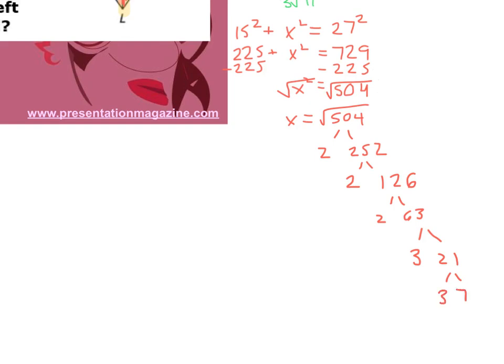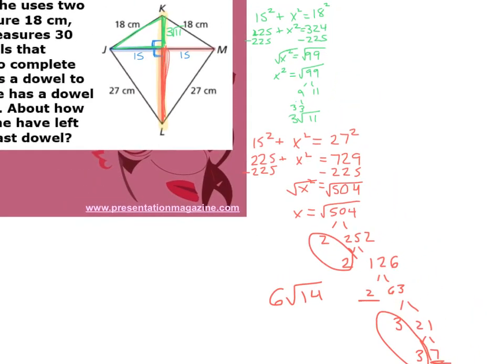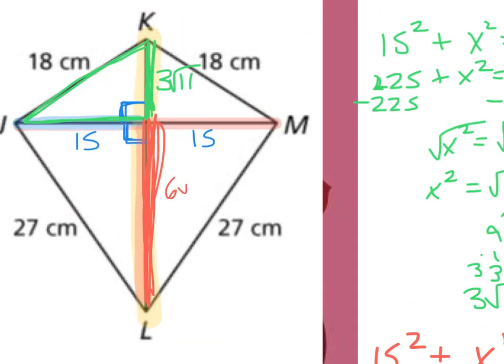Okay, so we have a pair of 2s and a pair of 3s, and then a 2 and a 7 left over. So 6 square root 14. So this part here is now 6 square root 14.